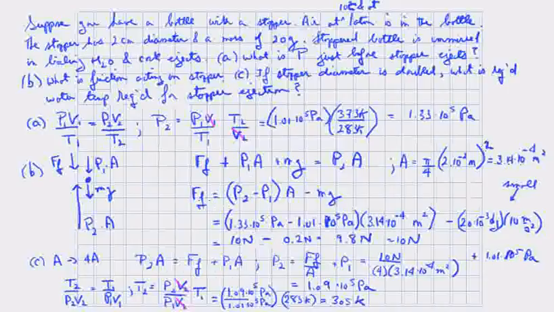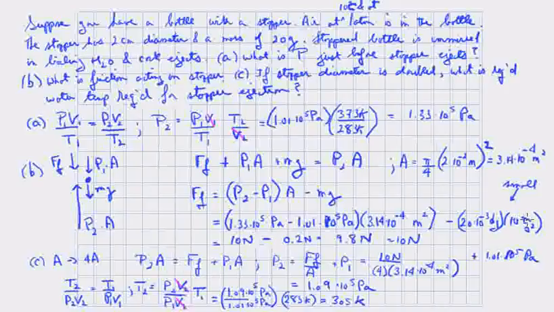And the friction is then P2 minus P1 times A minus mg, which is 1.33 times 10 to the 5th Pascal minus 1.01 times 10 to the 5th Pascal times this cork area, 3.14 times 10 to the minus 4 square meters, minus the weight of the cork, 20 times 10 to the minus 3 kilograms, times the acceleration of gravity.